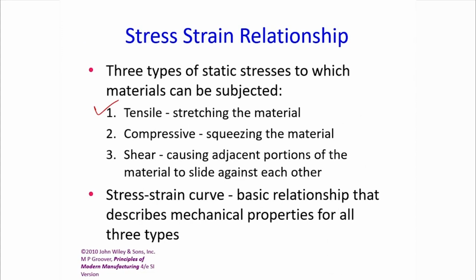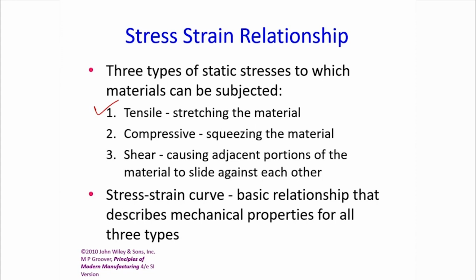So as far as stress-strain relationships are concerned, you need to know different types of stresses: tensile, compressive, shear. And of these, tensile is the most important. Why? Because this provides the stretching of materials. If you pull the material, how the material will behave, that is dictated by the tensile.